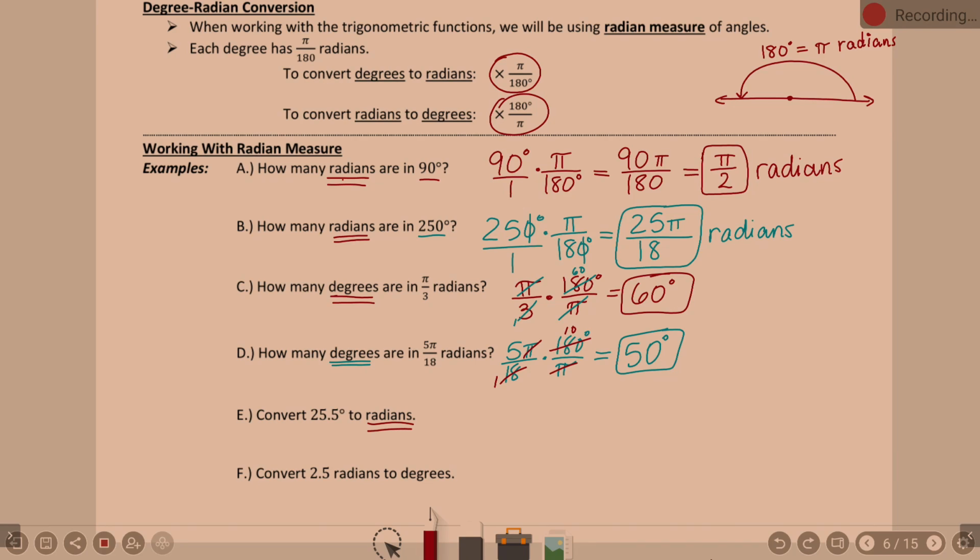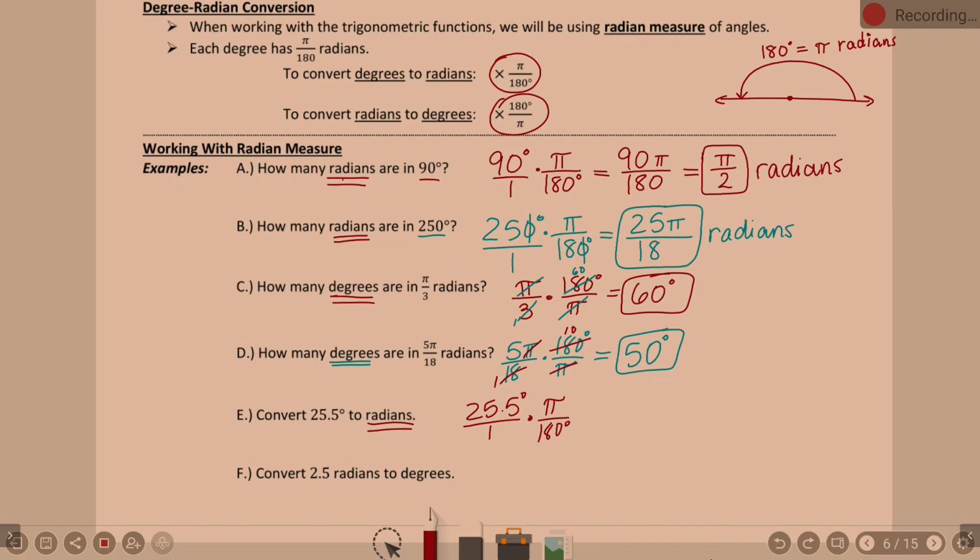So what am I doing here? 25.5 over 1 times 180 over... wait, nope. Times pi over. We switched back, didn't we? Watch your directions. They're going to mix and match for you. So 25.5 degrees over 1 times pi over 180.